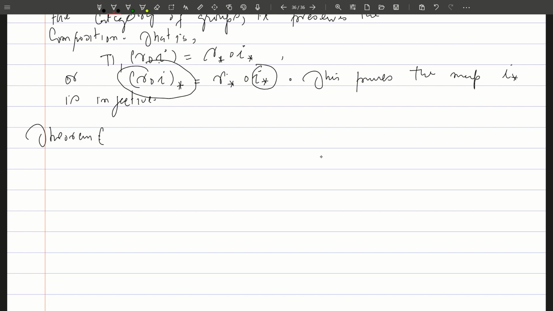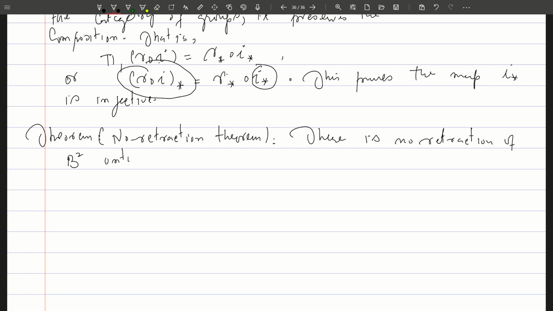Now let us prove a theorem. This is also called the no-retraction theorem. It says that there is no retraction of B2 onto S1. Let us prove this.